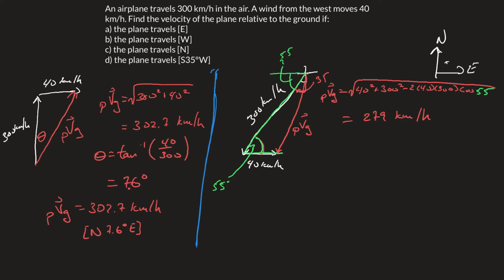Because this is not a right triangle, to solve for the angle that we need for this question, we need to use our sine law instead of our SOHCAHTOA trigonometry. So what we're solving for is this tiny angle inside here. This is the angle we're looking at. I'm going to call that angle alpha.